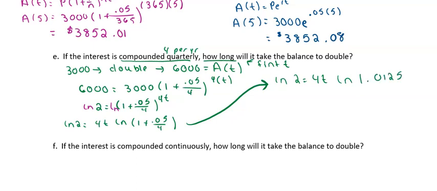So simplifying this part right here in the parenthesis, the 1 plus 0.05 over 4 to 1.0125. So now we need the natural log of 2 divided by the natural log of 1.0125, and that'll be equal to 4t. Because right here, we're dividing both sides by our natural log of 1.0125. So we're left with just the 4t.